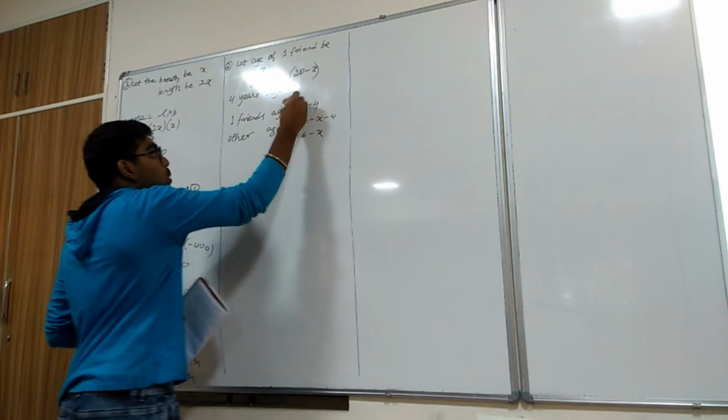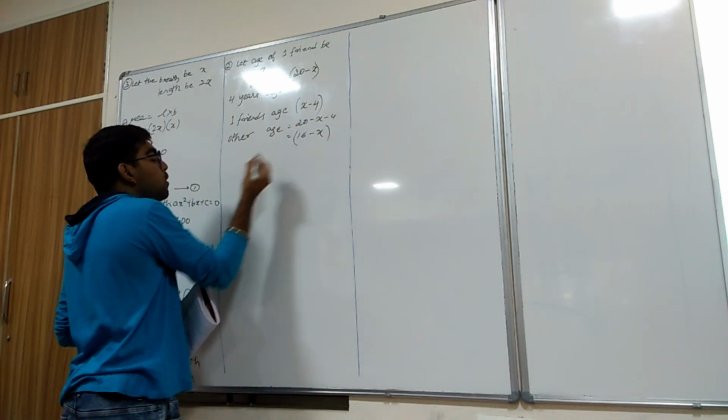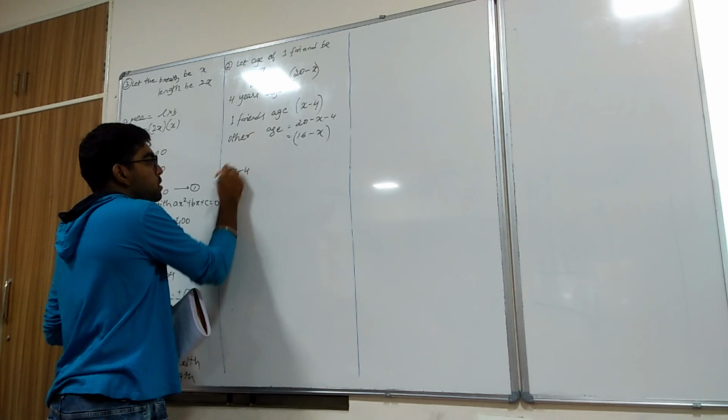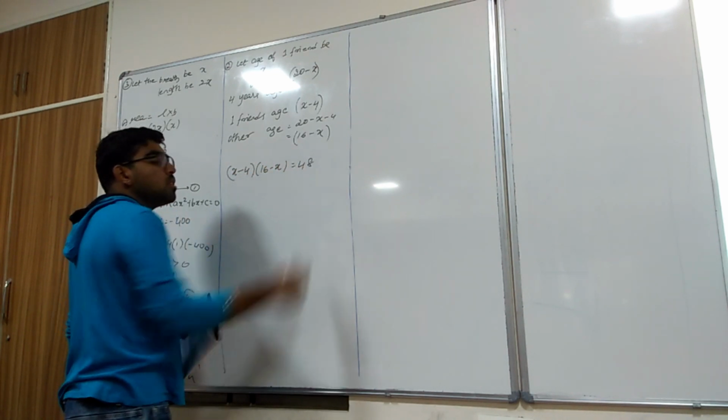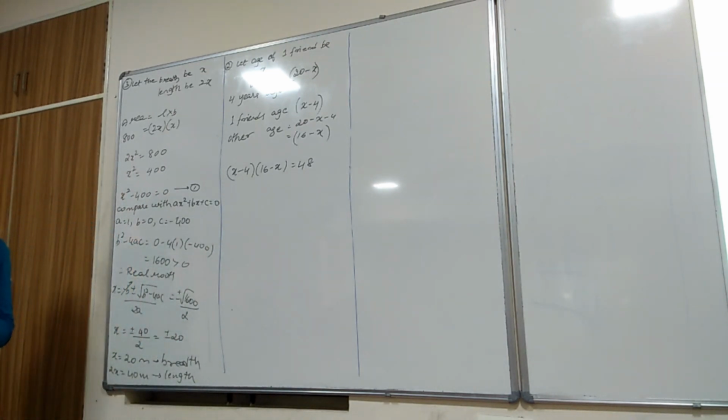4 years ago. You do the product as 48, so x minus 4 times 16 minus x equals 48. Put it down and solve it.